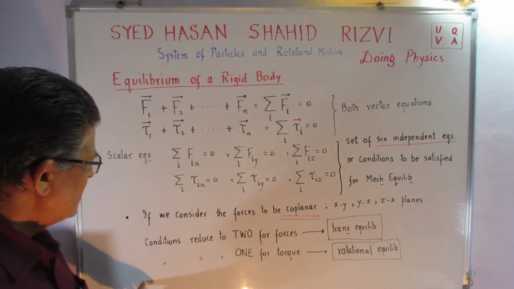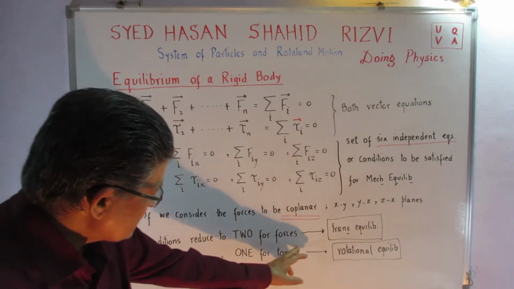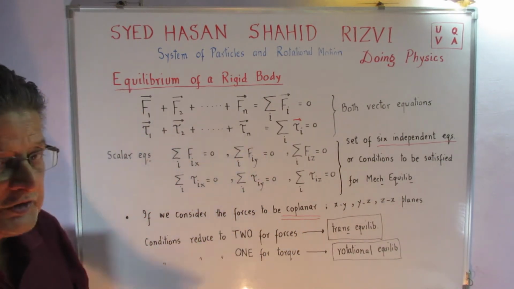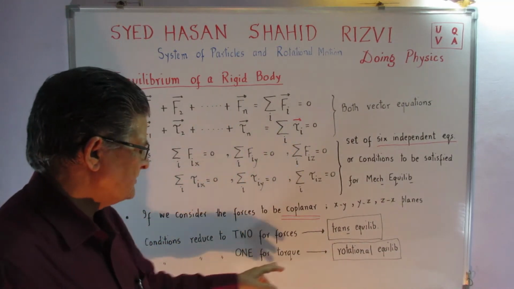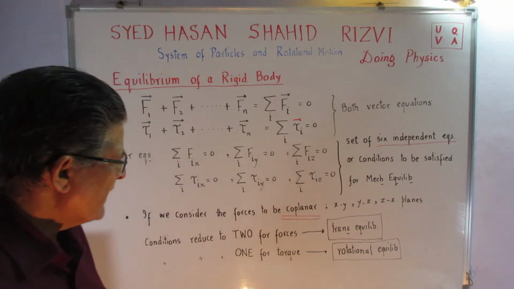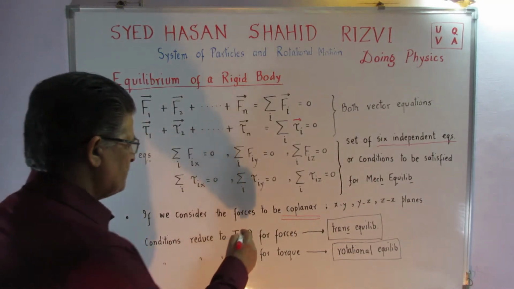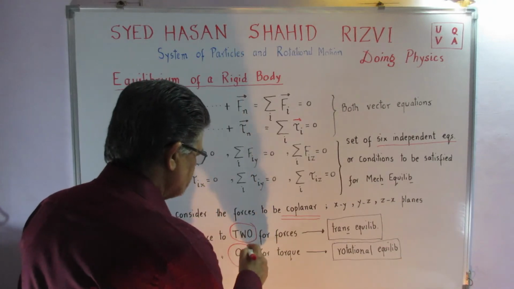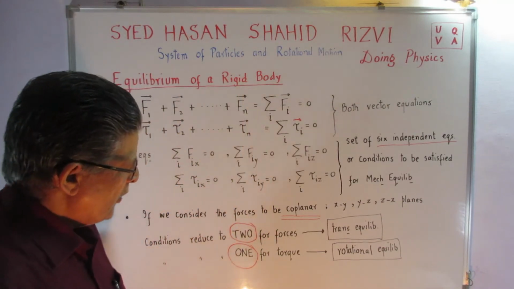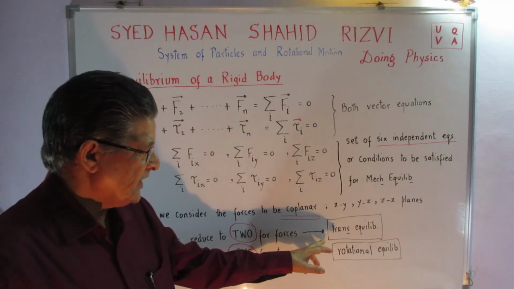And similarly, for the case of the torque, if there are two forces, then there is only one couple that will exist, and that means there is only one torque. So 2 for the forces and 1 for the torque, which becomes essential.